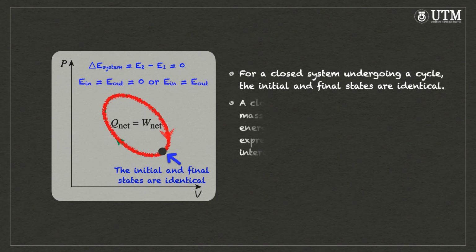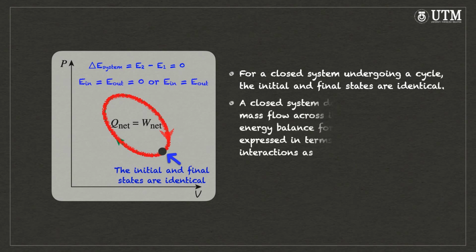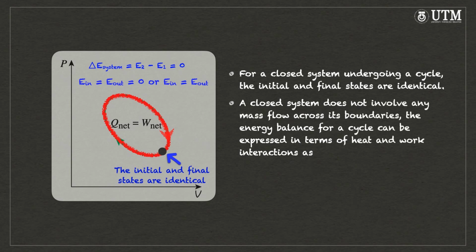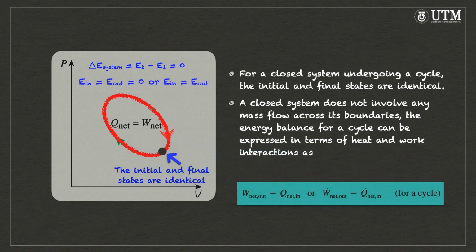Noting that a closed system does not involve any mass flow across its boundaries, the energy balance for a cycle can be expressed in terms of heat and work interactions as presented. That is, the net work input during a cycle equals the net heat input.